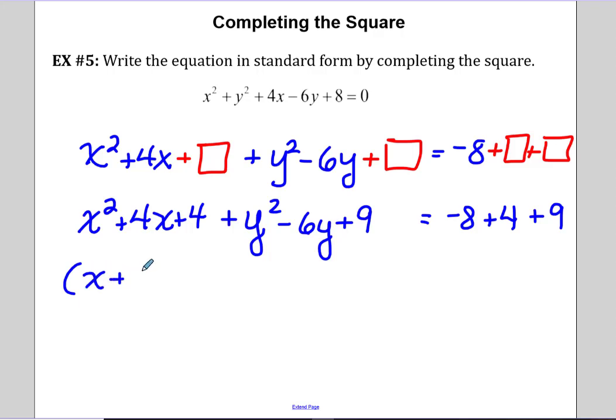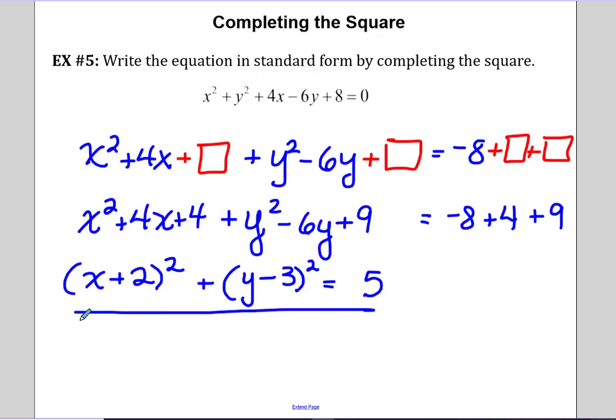Then factor by grouping: (x plus 2) squared and (y minus 3) squared, and then -8 plus 4 plus 9 is going to be 5. So we have (x plus 2) squared, and then (y minus 3) quantity squared equals our radius squared of 5.